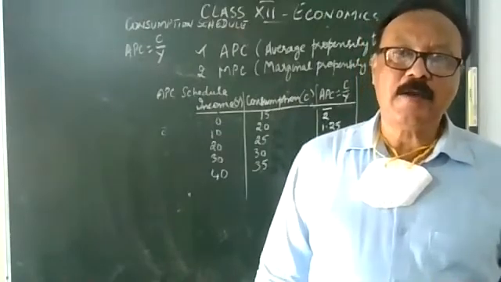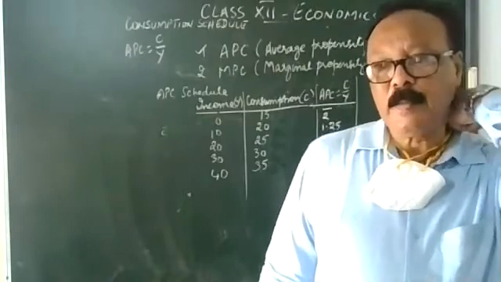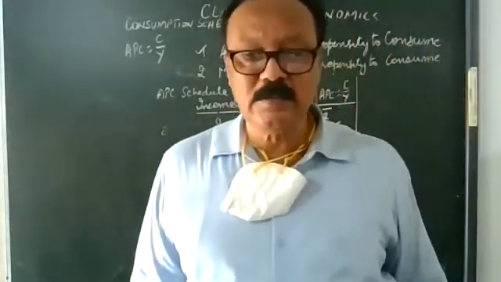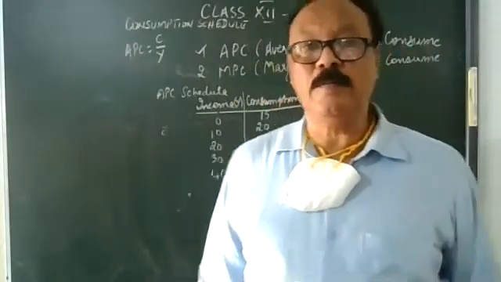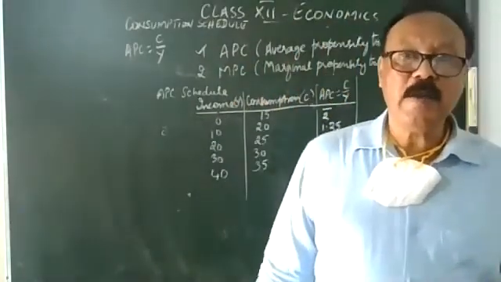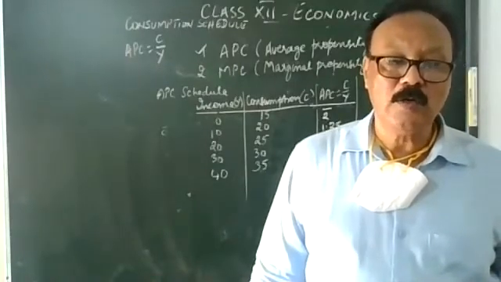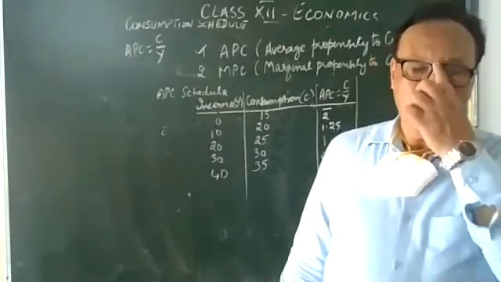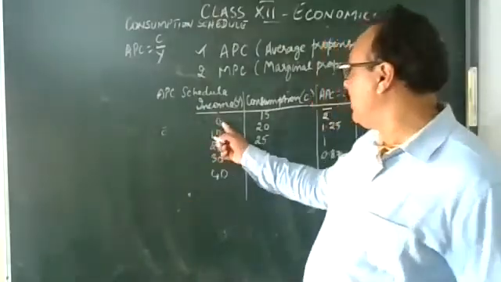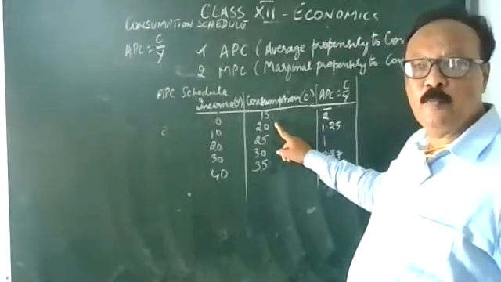Even at a 0 level of income, there is autonomous consumption, which means that even if the person has no income, to survive he has to consume.